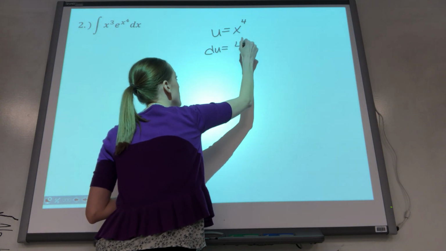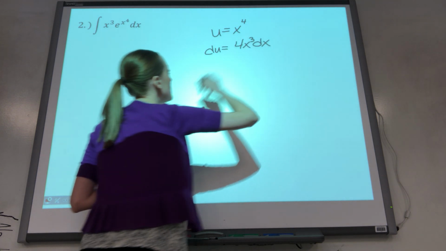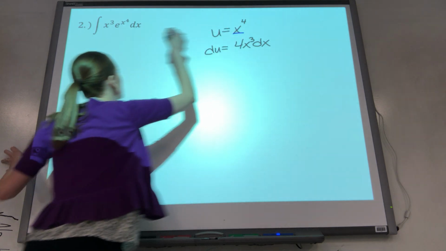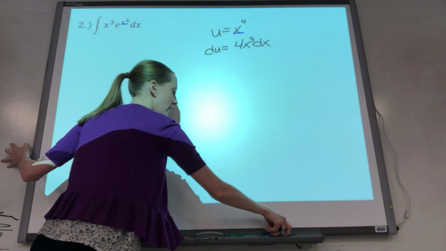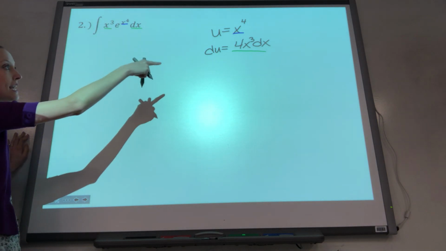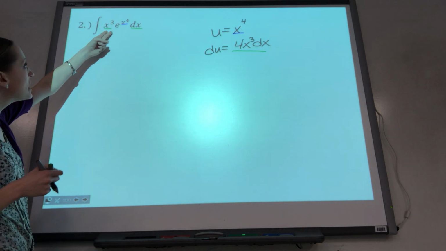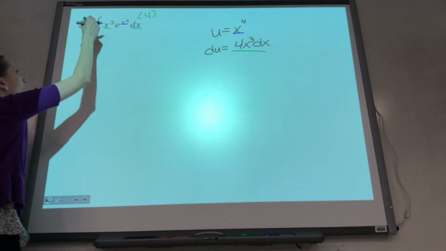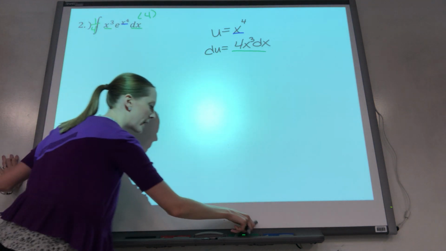Now du for that would be 4x cubed dx. Now we just have to start picking out everything that we have versus everything that we need. We have the x cubed, we have the dx, we don't have the 4.